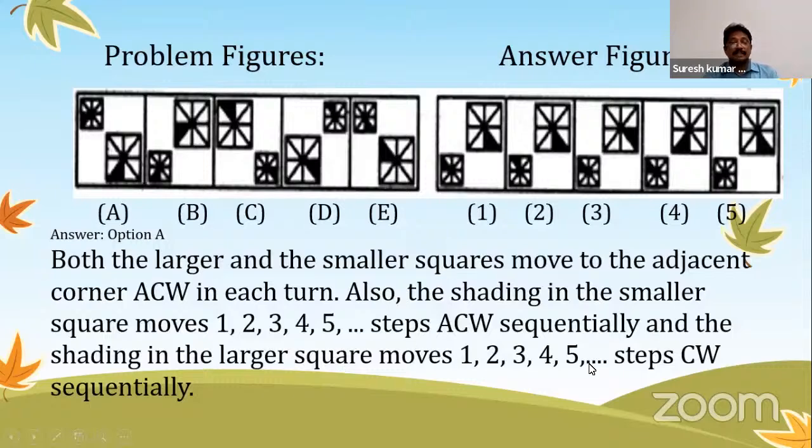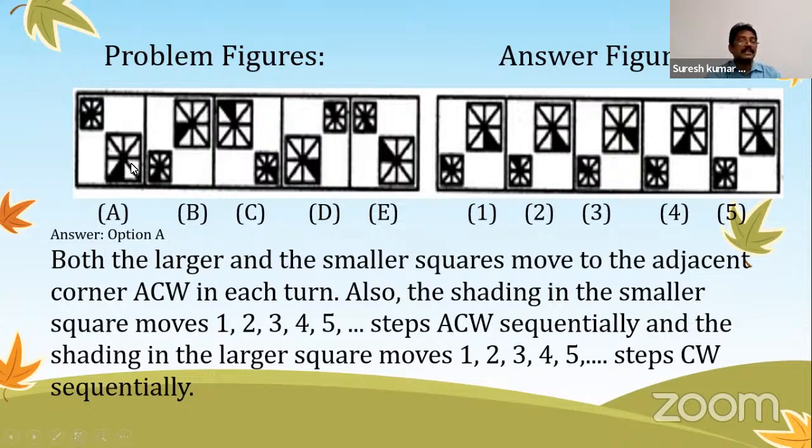Even in the larger square, in the 1, 2, 3, 4, 5 steps, it goes in a clockwise direction. This is the largest square. Clockwise means this direction. Okay, this is clockwise. Anti-clockwise, this is the direction. So clockwise, anti-clockwise.